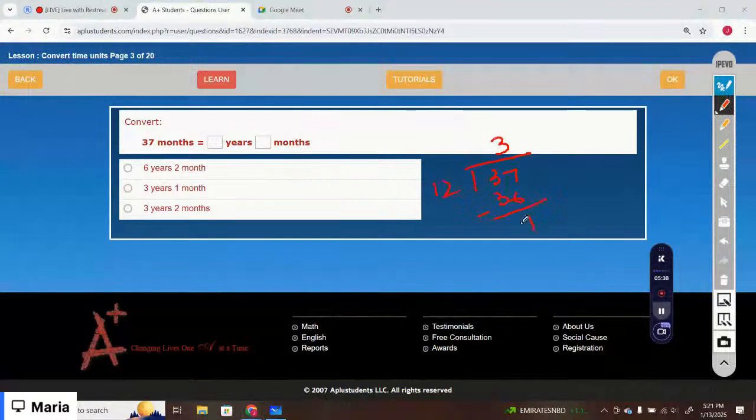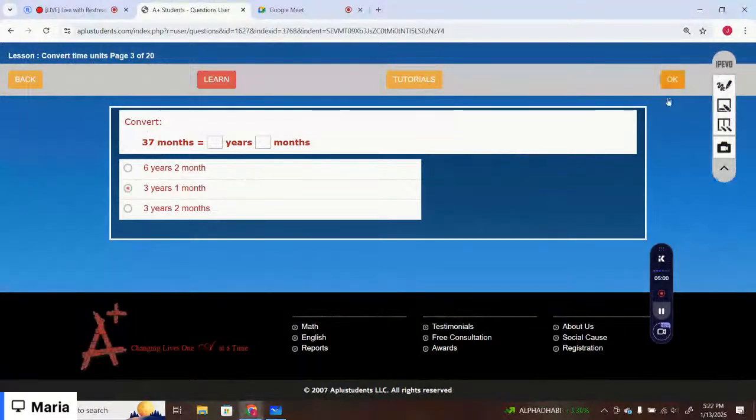And 7 take away 6 is 1, and 3 take away 3 is 0. So the correct option is 3 years 1 month. So option number 2 is the correct option.